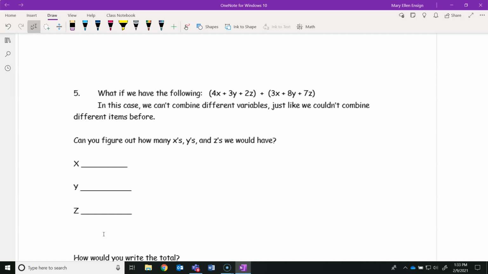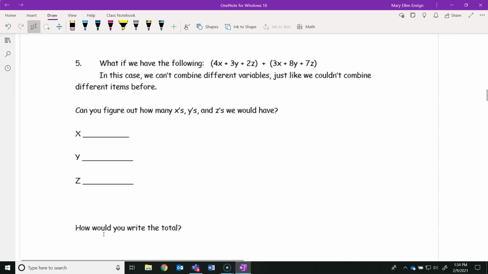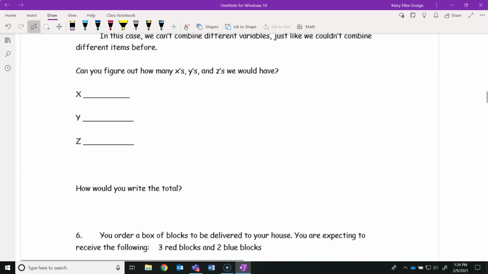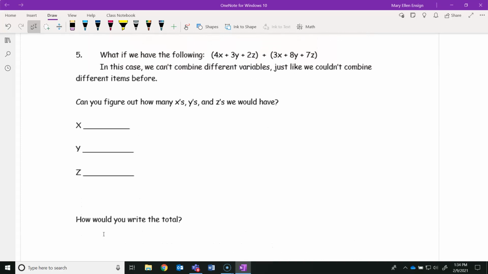So let's figure out how many x's, y's, and z's we would have, and then how to write the total. Okay, and again, I'm going to pause the video. I want you to pause it and try to figure this out. When I say how would you write the total, as something plus something plus something, okay? Go ahead and try it and then start the video up again and see how you do.